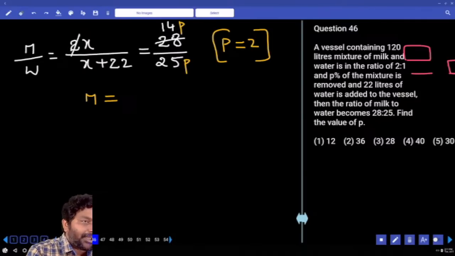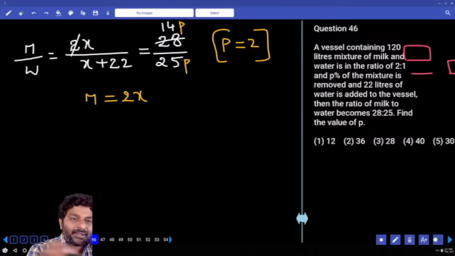What is milk in remaining container? Milk in remaining container. Are you following? How much is that?